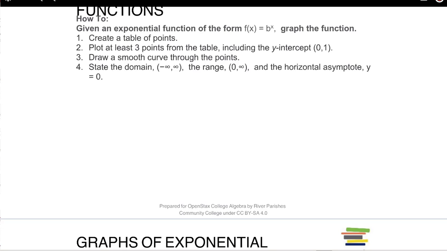To graph a function, basically, all you need to do is create a table of points, plot at least 3 points from the table, including the y-intercept. So make sure you have the y-intercept included. Then you just draw a smooth curve. They may ask for the domain, which is negative infinity to infinity, and the range is 0 to infinity. And the horizontal asymptote is y equals 0.